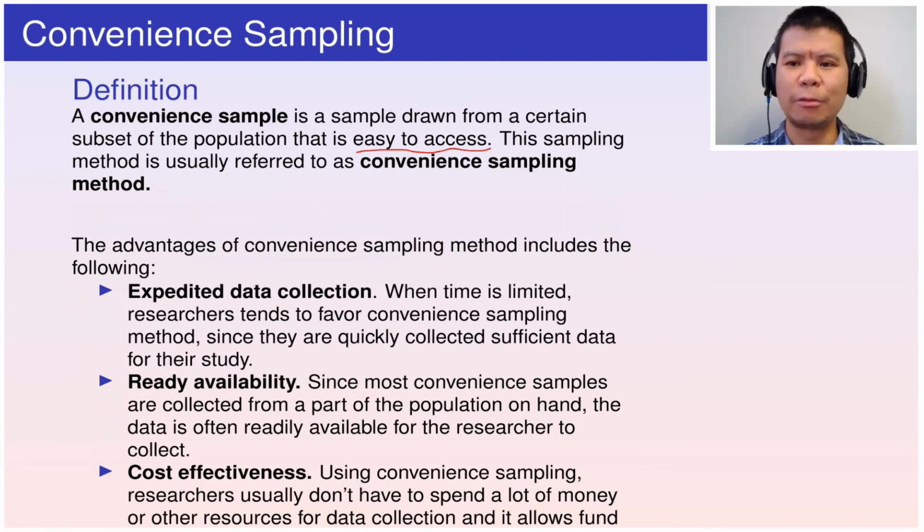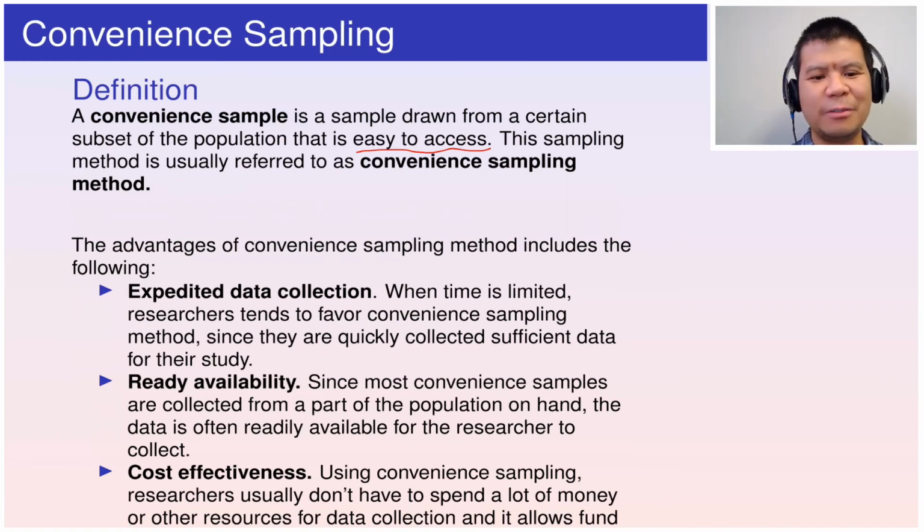Now, of course, from this definition, we can easily see the advantages of the convenience sampling method include the following. First, expedited data collection: it is much faster to collect the data because it's easy. When time is limited, researchers tend to favor a convenience sampling method since they can quickly collect sufficient data for their study.